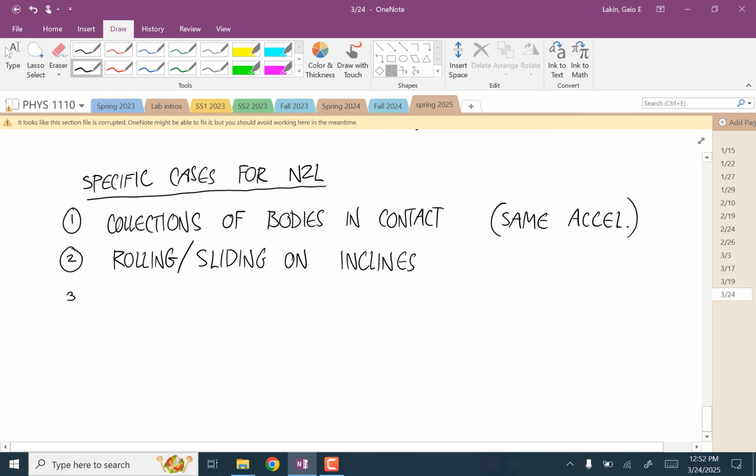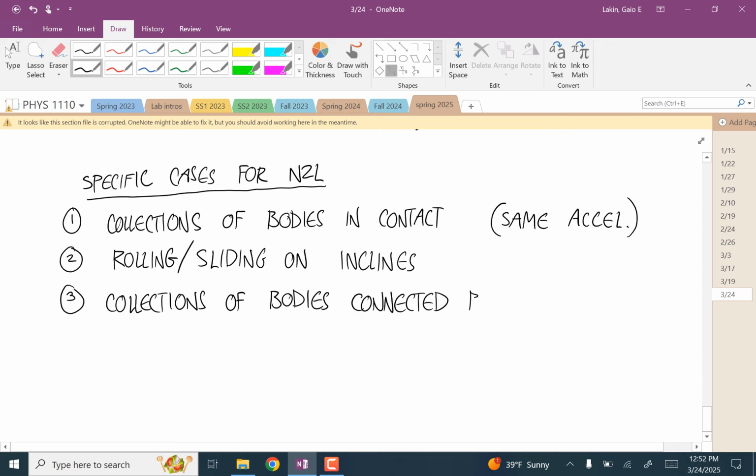And then the third one is collections of bodies connected by cables and pulleys. And the reason that this is different from that first category is that the accelerations of these bodies are going to be related, but they're going to be different.